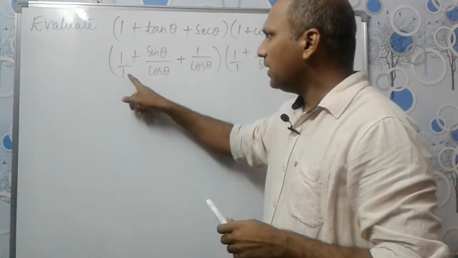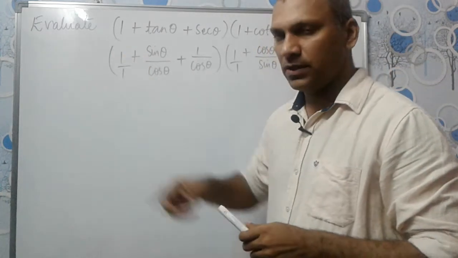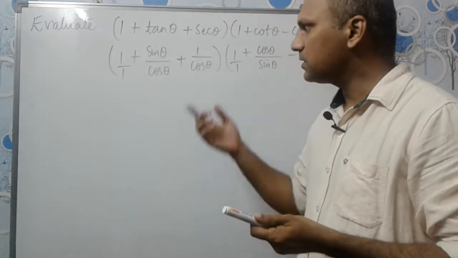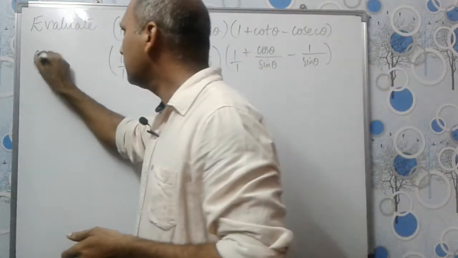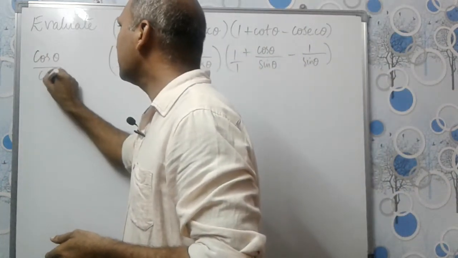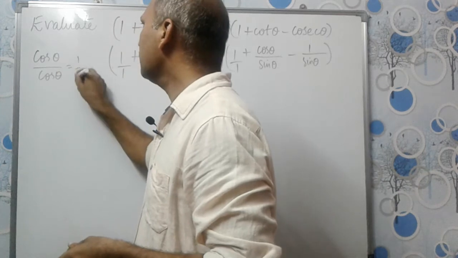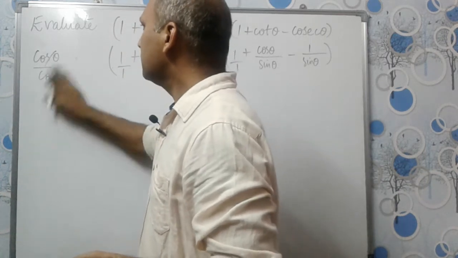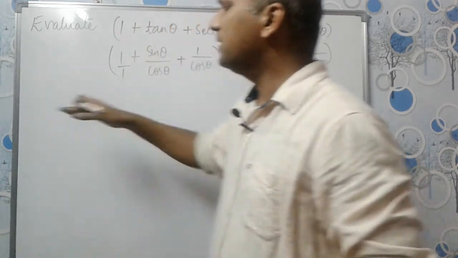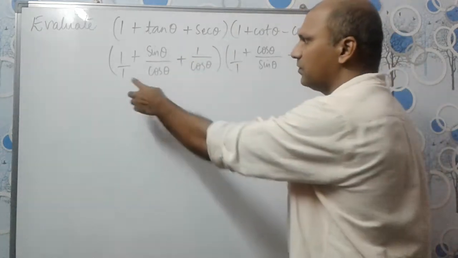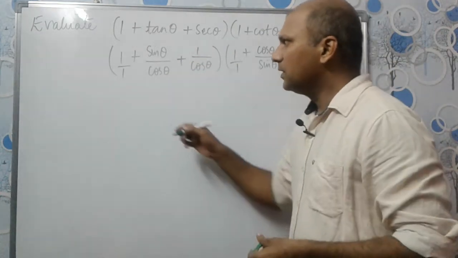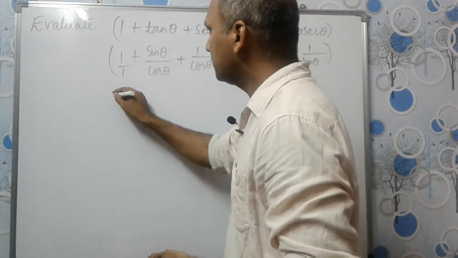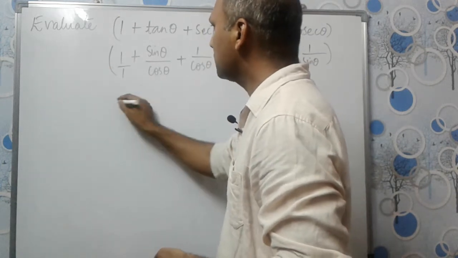So this 1 by 1, can I write it as cos by cos? Cos by cos is 1 by 1 only, right? Cos theta divided by cos theta is 1 by 1 only. Or see, it is the same thing as taking the LCM of 1 and cos theta, as these two terms are different. So let us simplify these two terms.